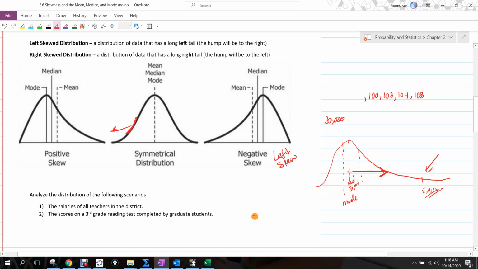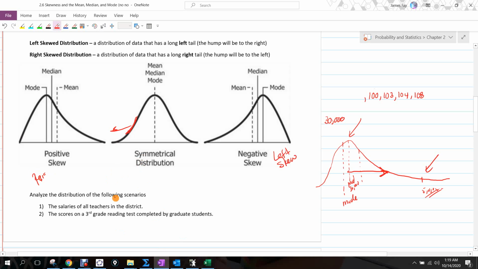It's vulnerable to outliers, volatile to outliers. So it is easily manipulated, easily altered by one outstanding outlier. So in this situation, again, the median would be the better measure for the center.